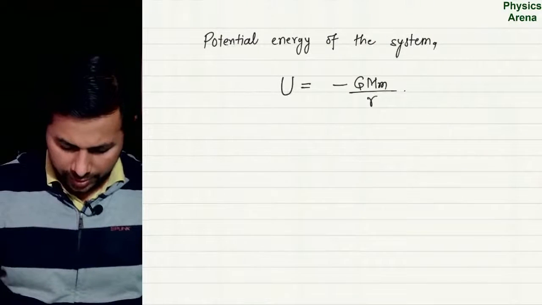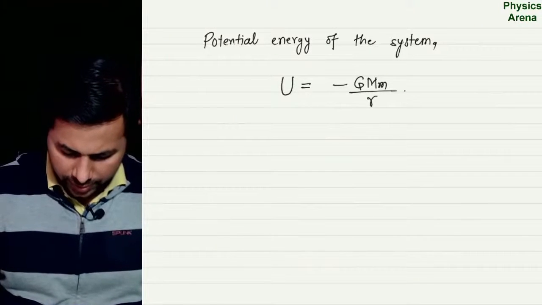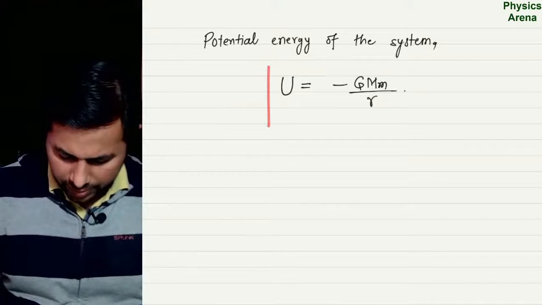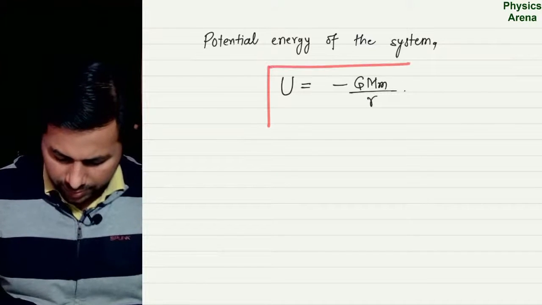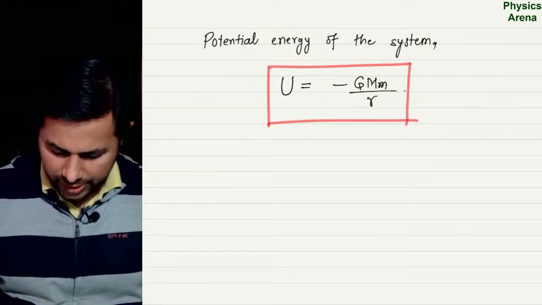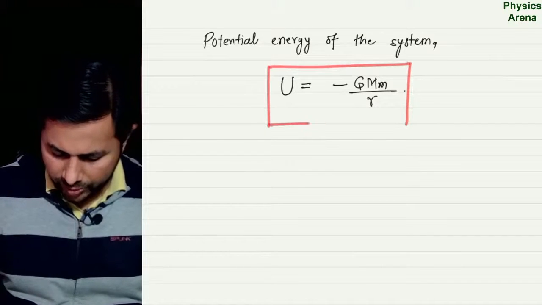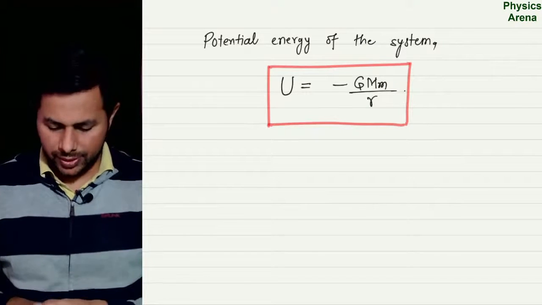Okay. So this is the potential energy of a system of two masses brought from infinity. Okay.